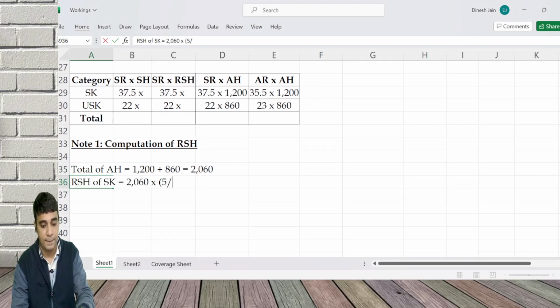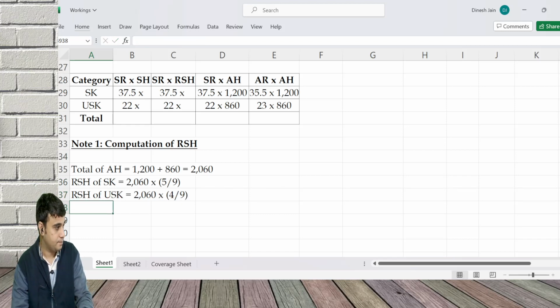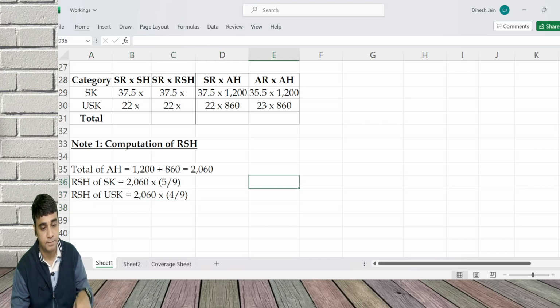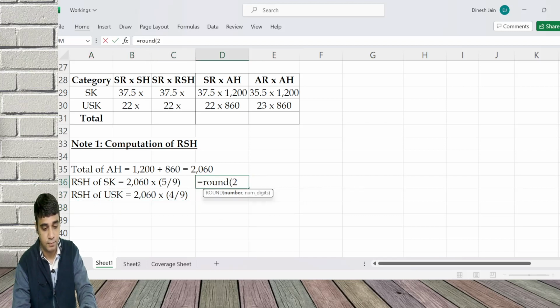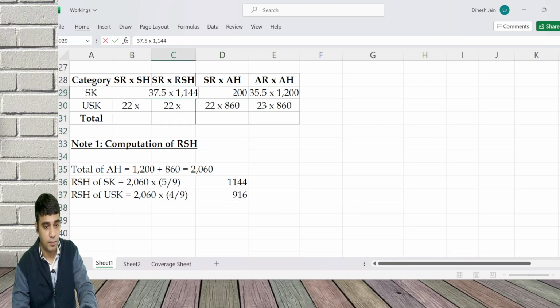2060 into 5 by 9 and 2060 into 4 by 9. That gives 1144 and 916.